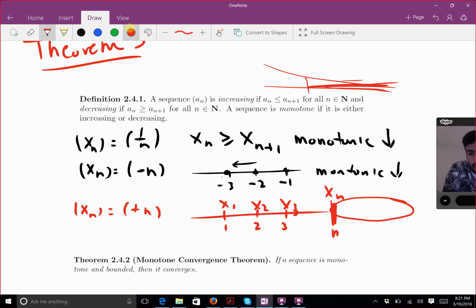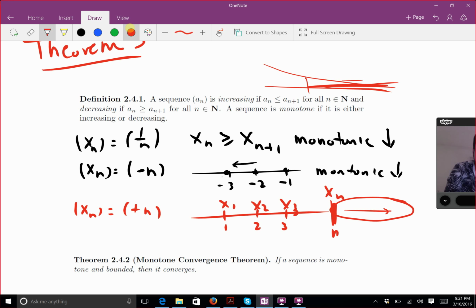They all lie to the right of x sub n. So this is an example of a monotonic increasing sequence: x sub n less than or equal to x sub n plus 1. If you pick any term in the sequence, all the rest of the elements in the tail of the sequence are going to lie to the right.